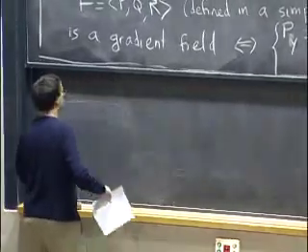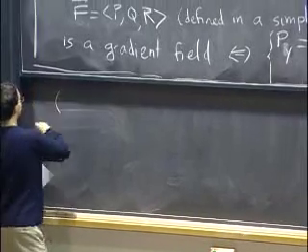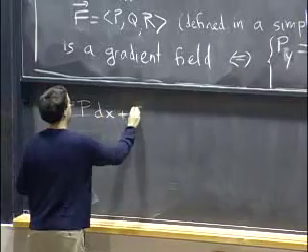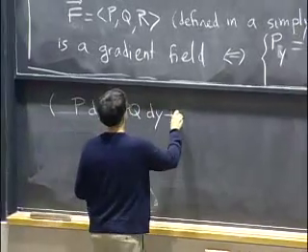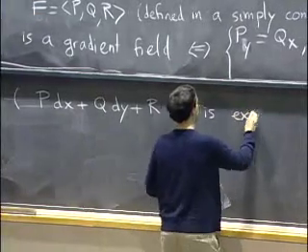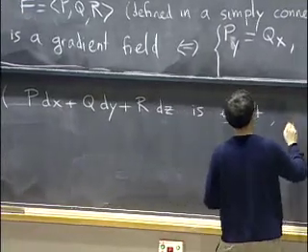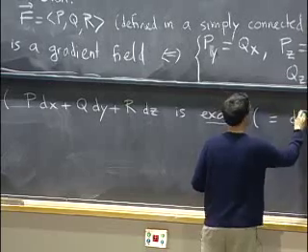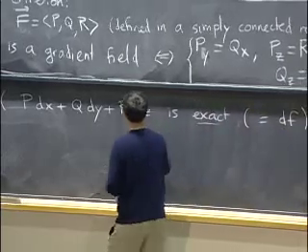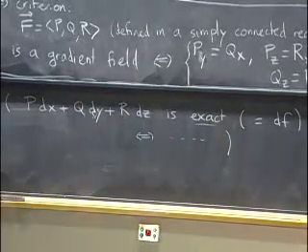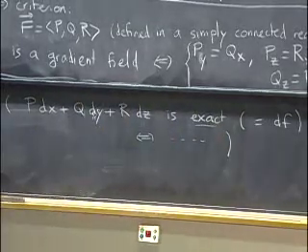So before I do the example, let me just say in a different language, if we have a differential given to us of the form p dx plus q dy plus r dz, it is going to be an exact differential, which means it's equal to df for some function f exactly under the same conditions. That's the same thing, just in the language of differentials.